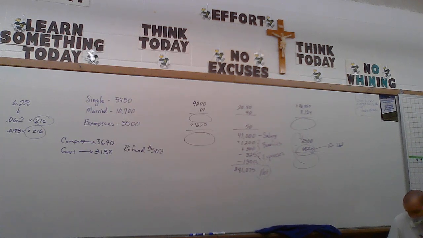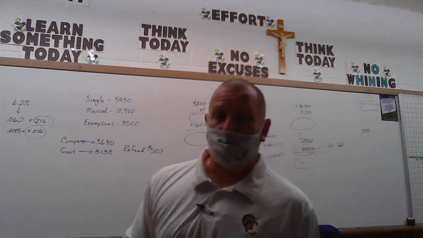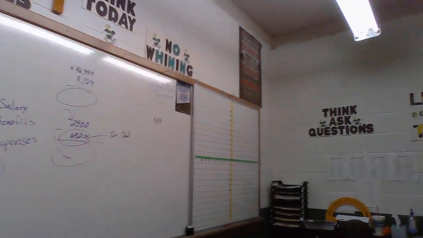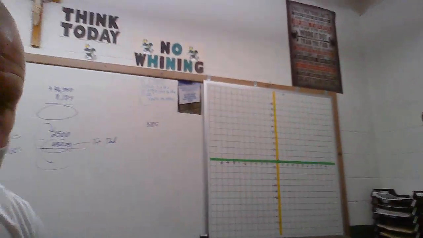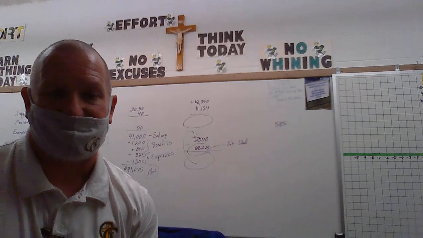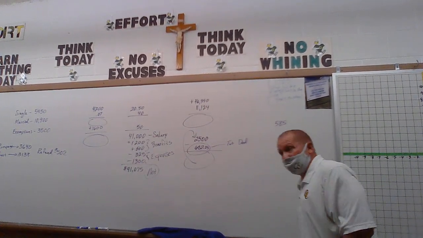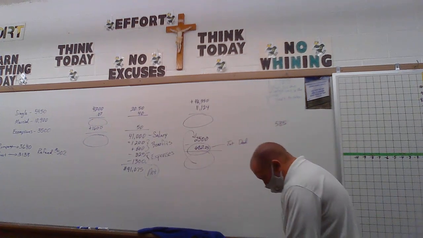Okay, so you're going to start out with $585. From that $585, I need to do everything that they said. So you need to go back to that chart and find your 2 withholding taxes. If they were married, go back to 41.